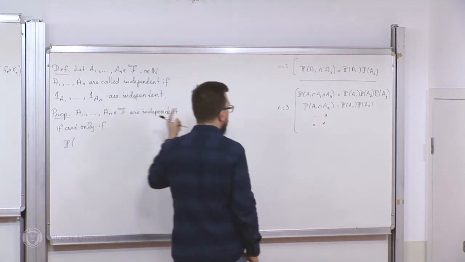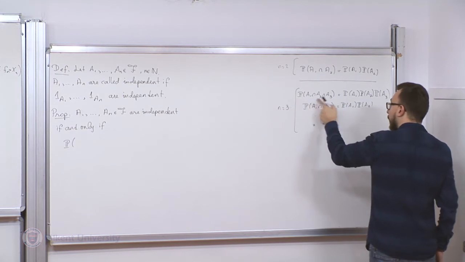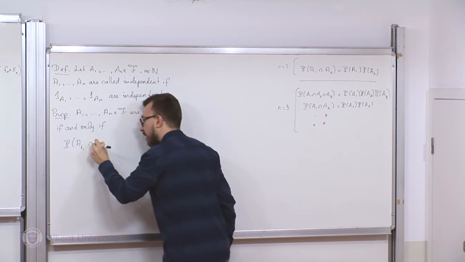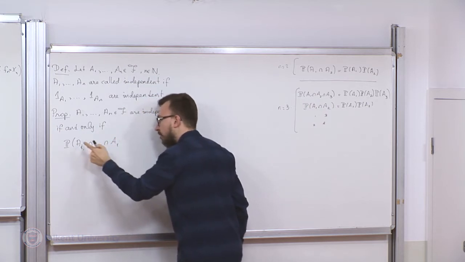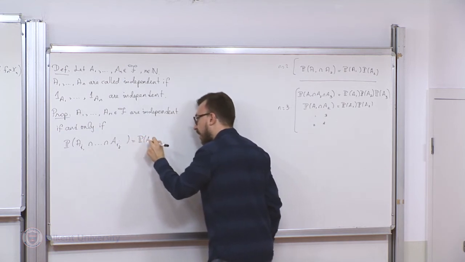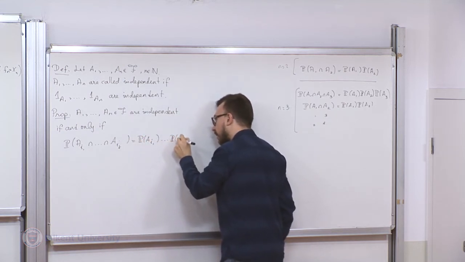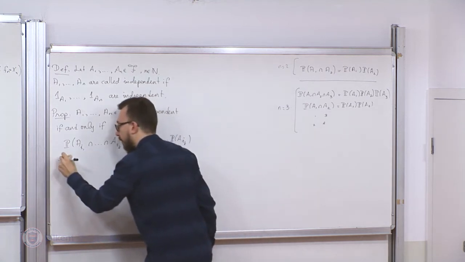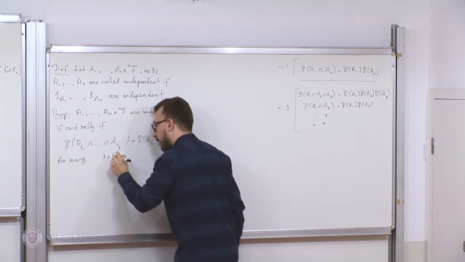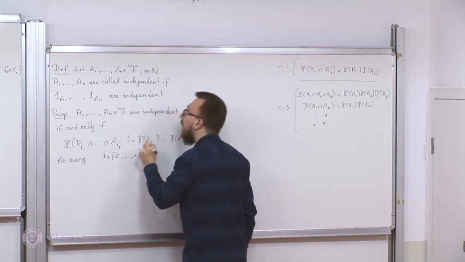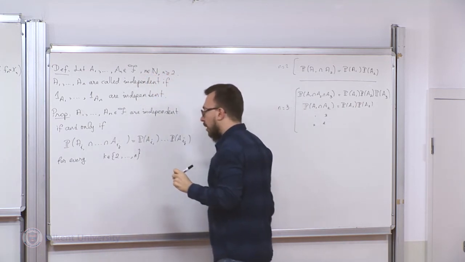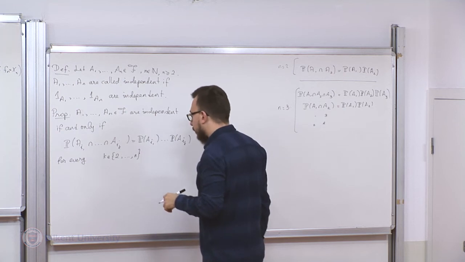We don't look at just the intersection of everything, but we need to pick indices i1 to ik, and the probability of the intersection of Ai1 to Aik should be the product of the individual probabilities for every k between 2 and n. Let's assume n is greater than 2 here, otherwise it becomes meaningless.